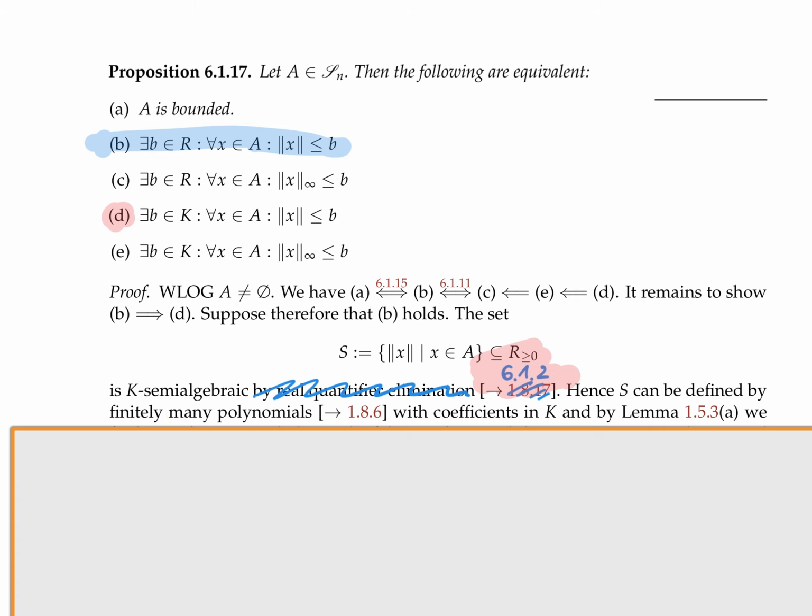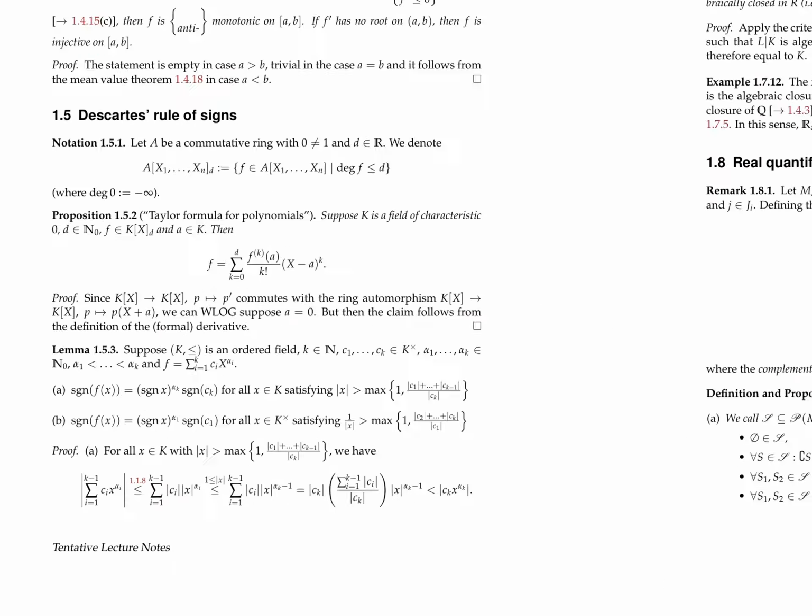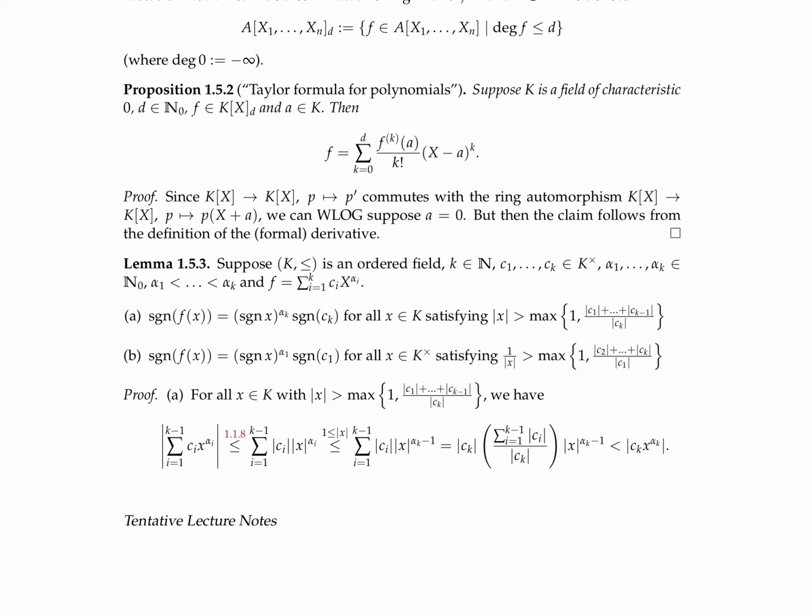And by lemma 153a, we see that the sign of such a polynomial, if the coefficients of the polynomial are in K, then this bound here is in K still, right?